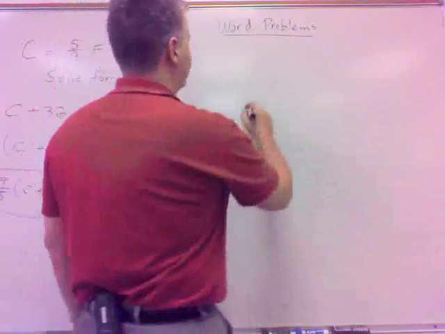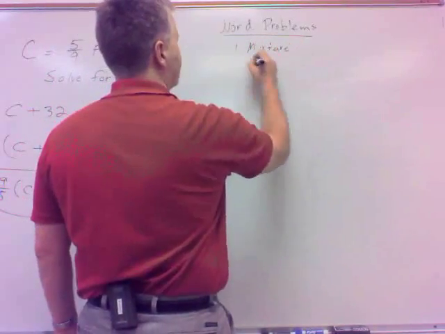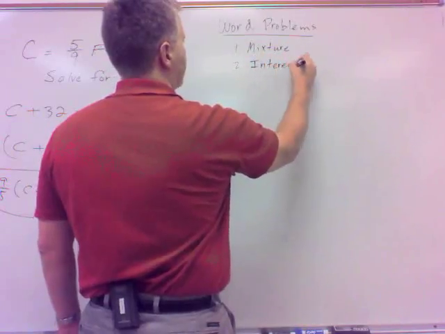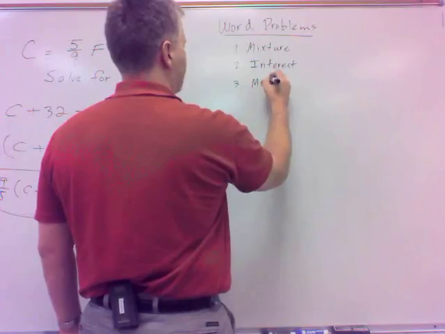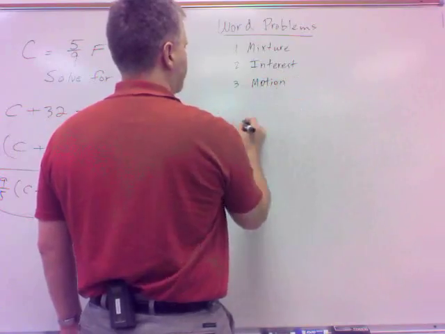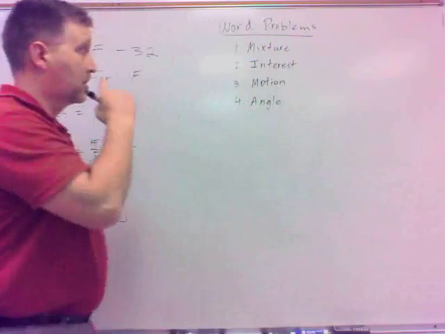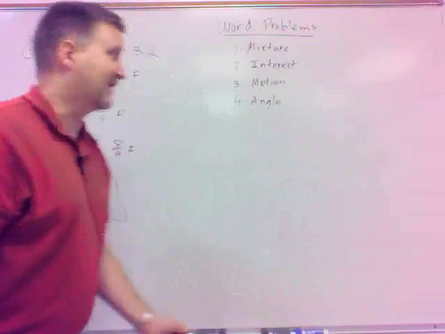We did the mixture problems, the interest ones, the motion, distance, rate, and time, however you want to describe them. And then we did the ones with the angles. So I would suspect one of each of those will be showing up come test time.